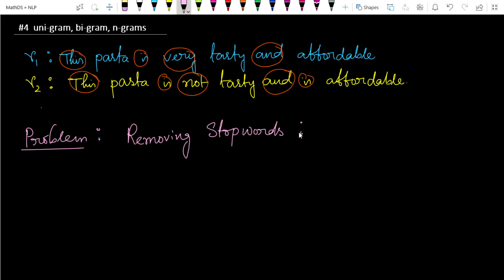After removing the stop words, review 1 and review 2 are exactly the same.